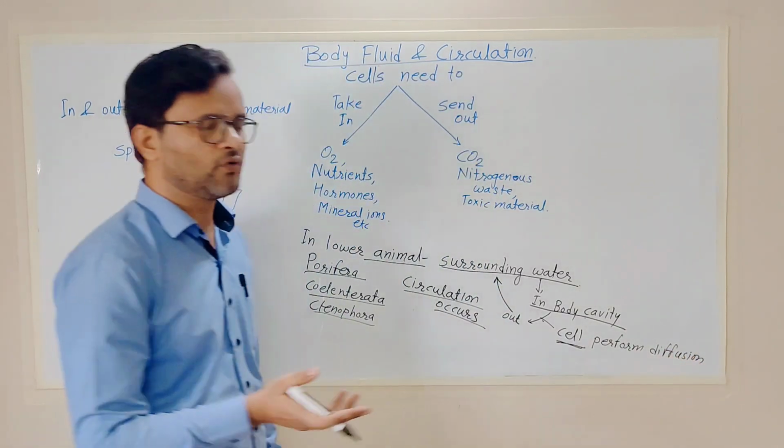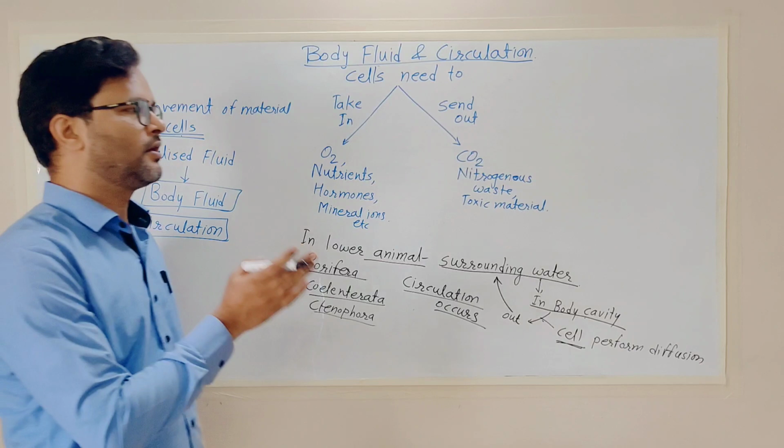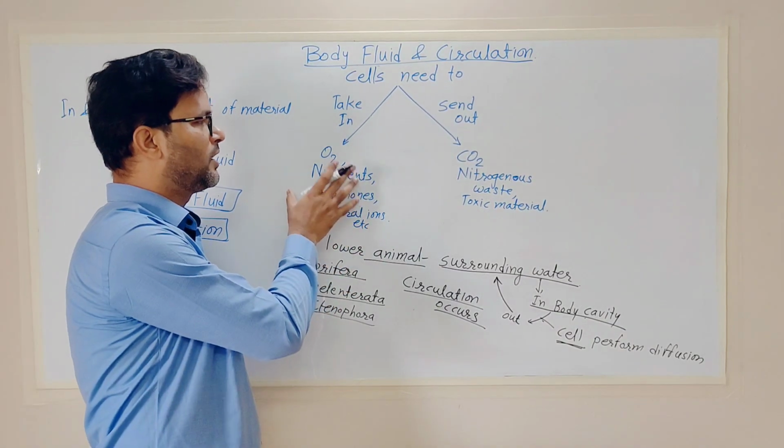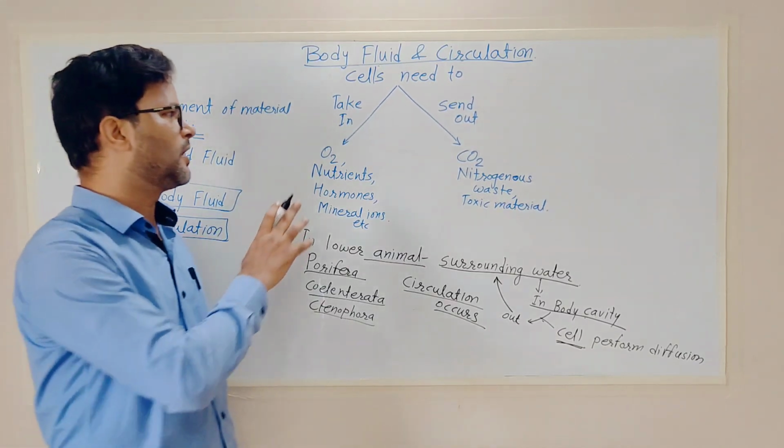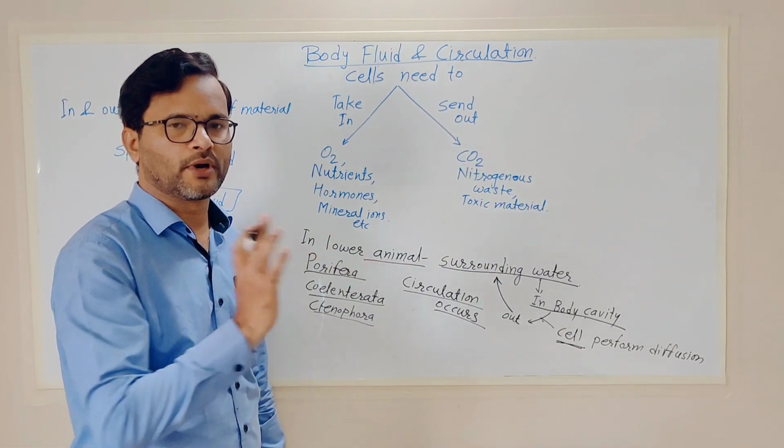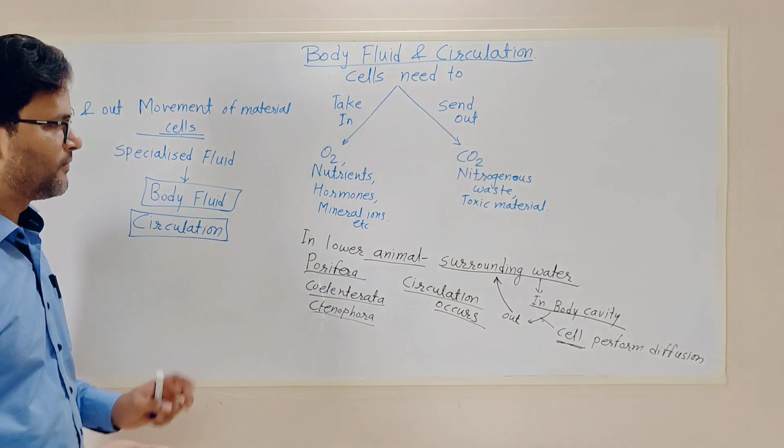So by diffusion only, the movement of nutrients, oxygen, nitrogenous waste or carbon dioxide, like other material, occurs in and out. Okay, so this is the first point.